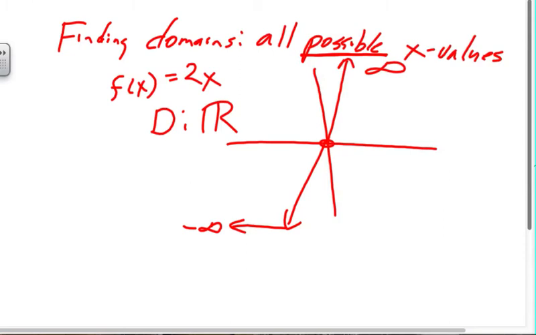Okay, this isn't necessarily going to be the case for everything, especially when we deal with rationals. The denominator cannot equal 0. All right, now when I take a look at this thing, I notice that all positive and negative values are possible, except I can't have the denominator equal 0.